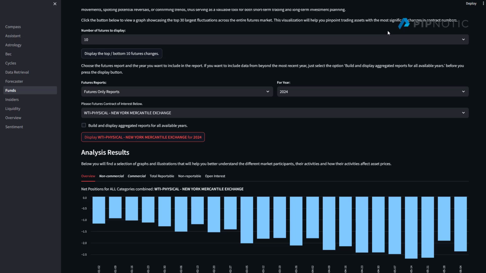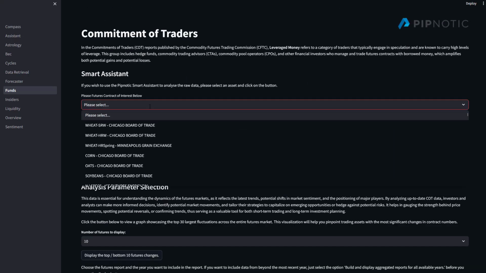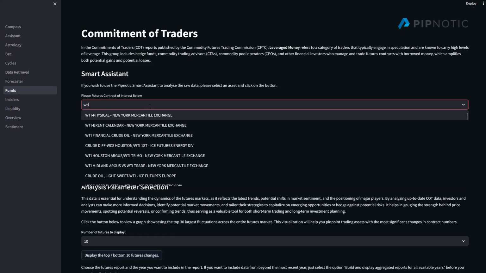A data frame is kind of a matrix of data, like a two-dimensional array, and each item in the array contains a list of data. So I take the whole data frame and feed it to a machine learning algorithm, and that analyzes it and tells me in words what exactly it looks like. Okay, so let's do West Texas physical.